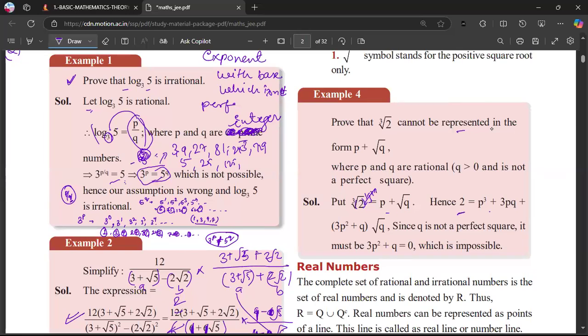2 plus its cube, so a plus b whole cube is a cube plus b cube plus 3... sorry, I'm forgetting the formula. It should be 3a square b plus 3ab square, something like that.